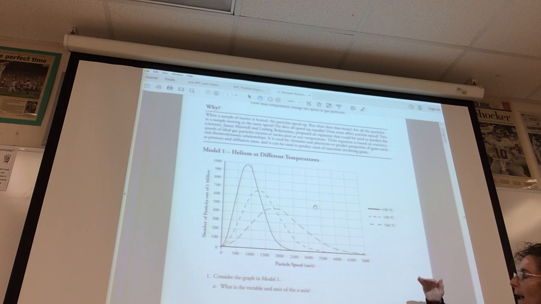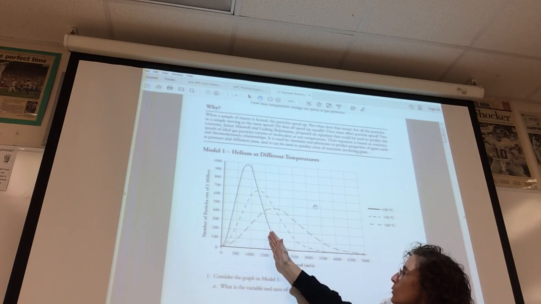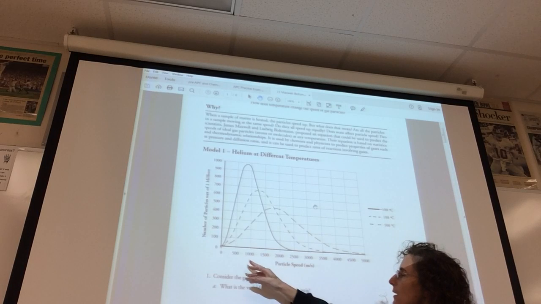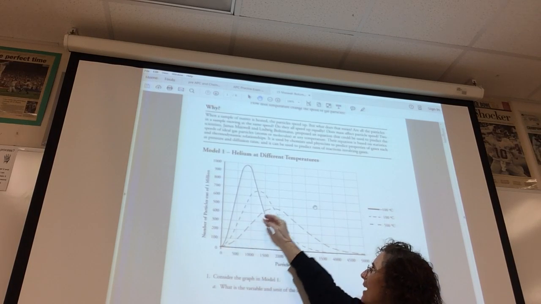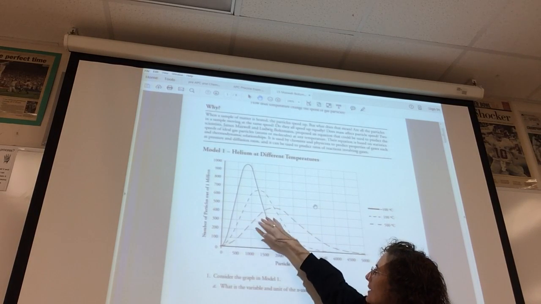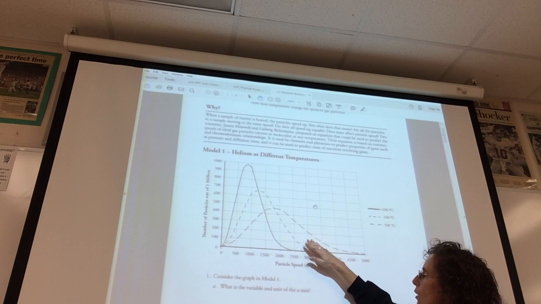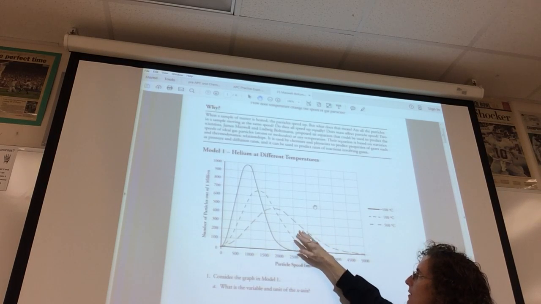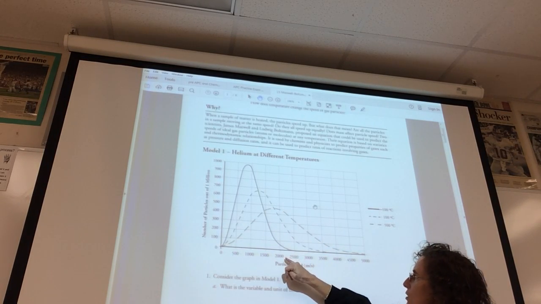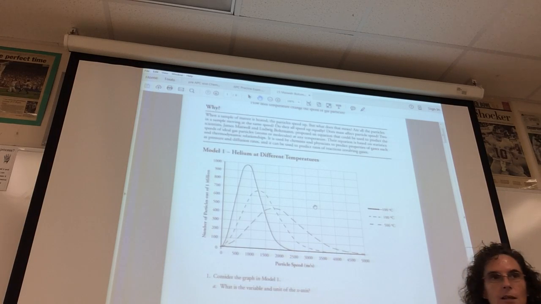But at the higher temperatures, particles move faster. And so the distribution moves in the rightward direction, but you have to maintain that. What you find as you increase the temperature is that more particles can achieve these greater speeds.